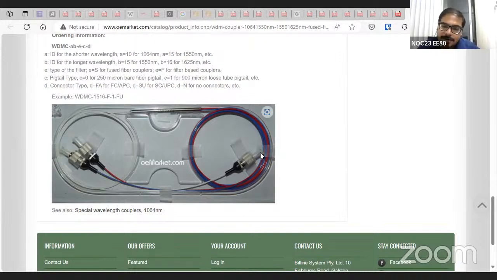The fiber is inside, and to help in connecting, you will have this. You will screw it into the receptacle, so you'll be connecting it to something that supports this connection. These are, I think, FC APC connectors.